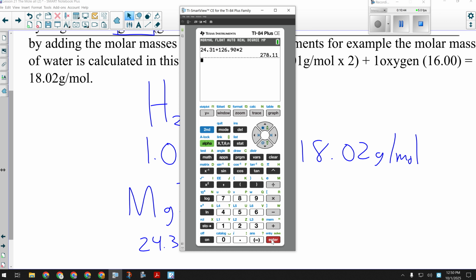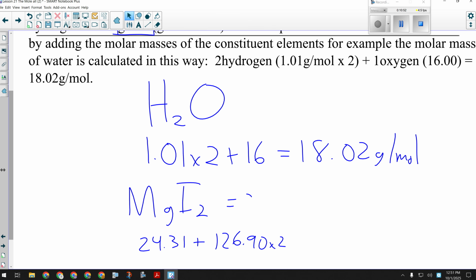Okay, so if I had 1 mole of magnesium iodide, it would have a mass of 278.11 grams. Okay, the units for molar mass are always grams per mole because we are talking about the mass of 1 mole. Okay? All right, try this one.